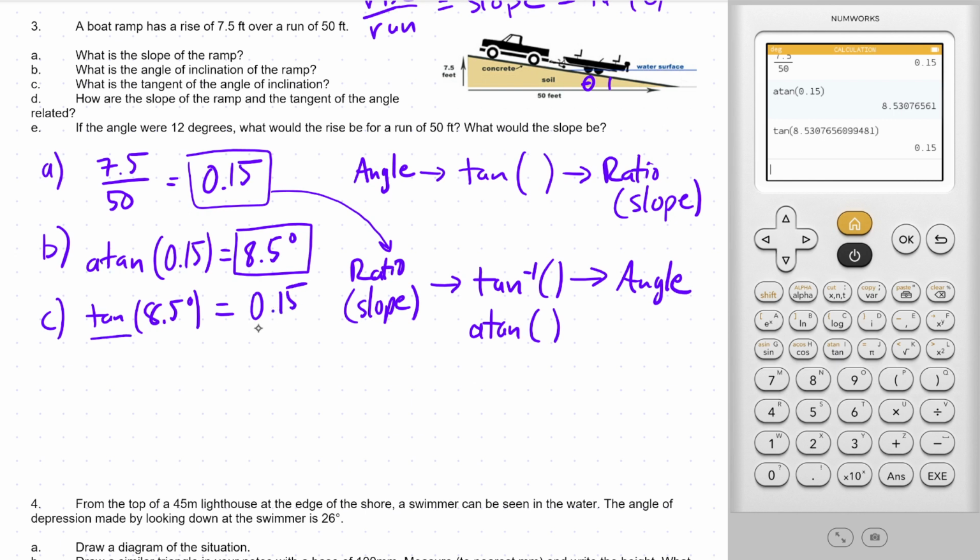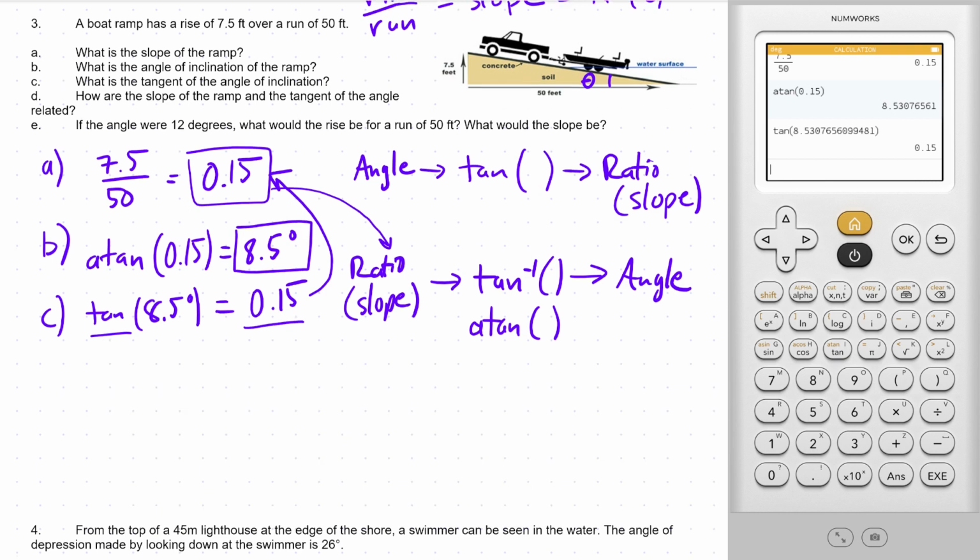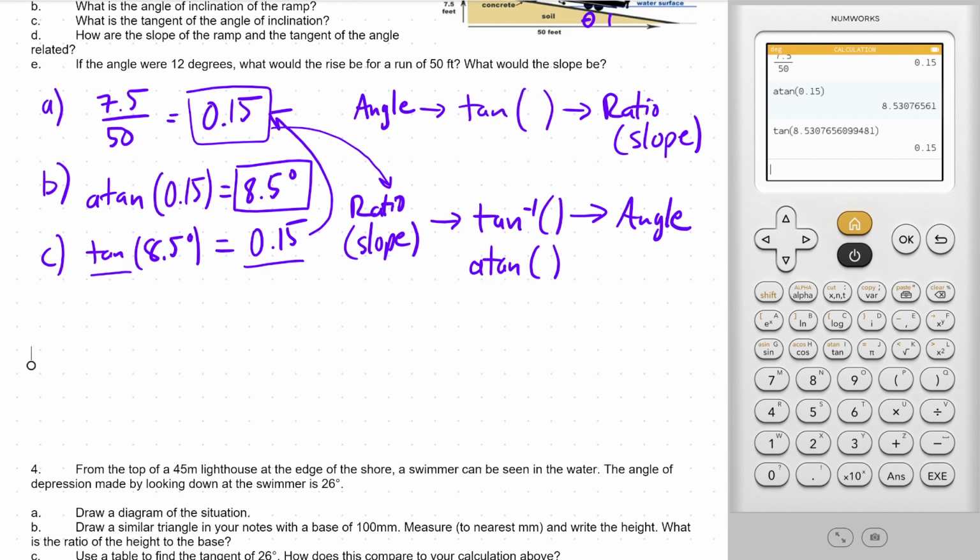So the tangent gave me the slope. I saw that 0.15 was the slope, and when I took the tangent of the angle, of course, I got the slope. A little repetitive, but I just want to drive that point home. Okay, so part D: the slope of the ramp and the tangent of the angle are basically the same. How are they related? They're related by being essentially the same thing.